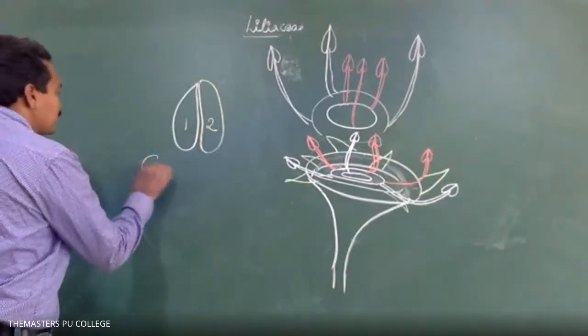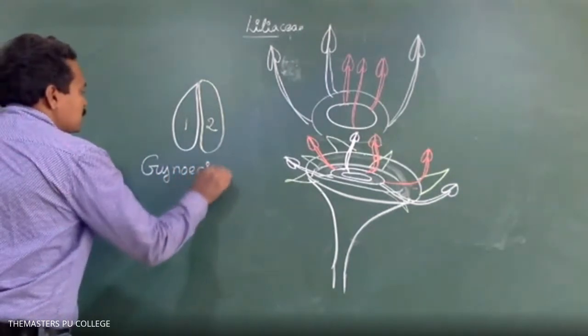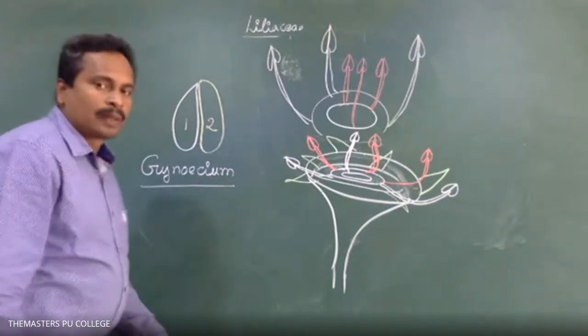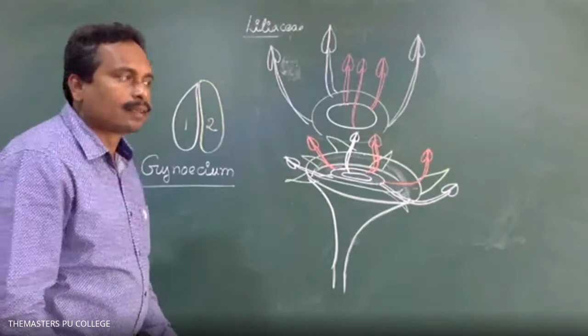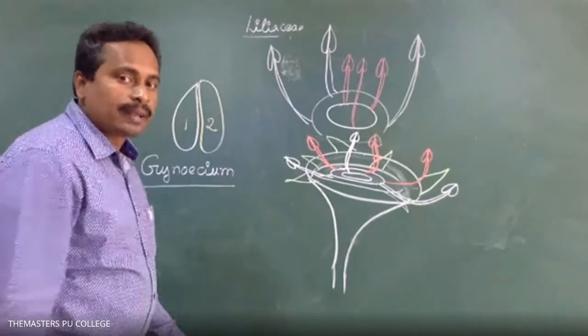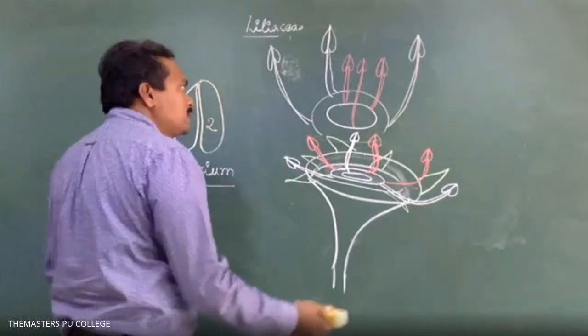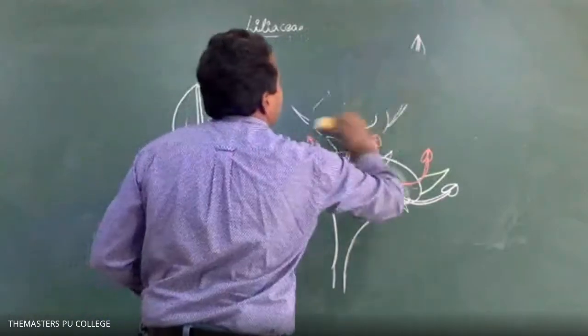Next, what is the next part of the flower? Gynoecium. The gynoecium consists of three carpels, syncarpous. You all learned about apocarpous gynoecium and syncarpous gynoecium. Syncarpous gynoecium means the three carpels are fused with each other.